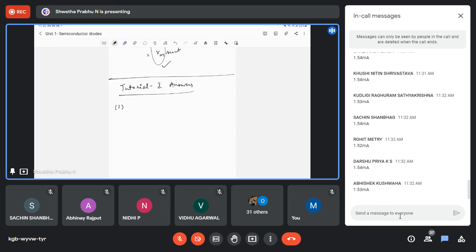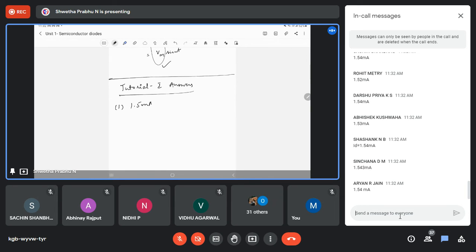Bhuvan, Shreyansh, Walid Siraj, Vidhu Agarwal, Vijaya, Mihira. Okay, all answers are correct. It is approximately 1.5 milliamperes.